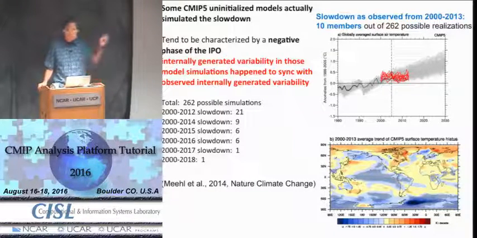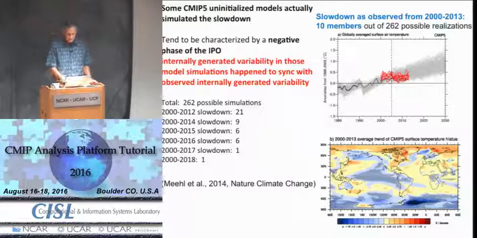There were 262 possible realizations of 20th and 21st century climate when we were just using RCP 8.5 to go into the future. And we looked for simulations that had exactly the observed temperature trend from 2000 to 2013 at exactly that same time. And it turns out 10 out of 262 realizations got the observed temperature trend, in other words, hardly any warming over this time period, versus the others.